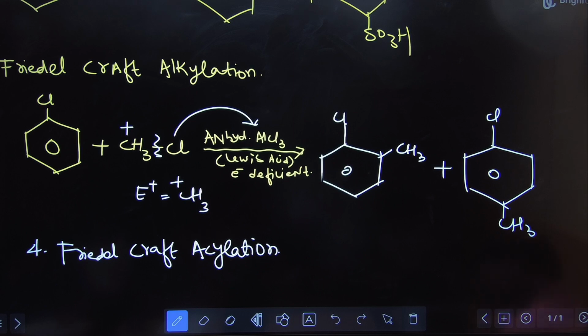Okay. So acylation means we will add acid halide group, okay? RCOCl, okay? Got it, no?